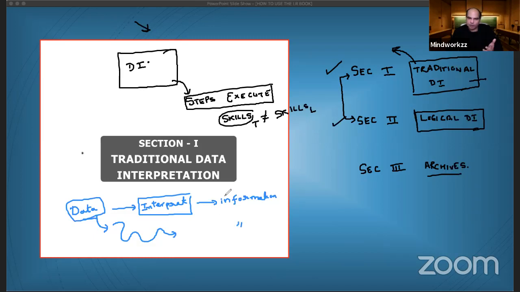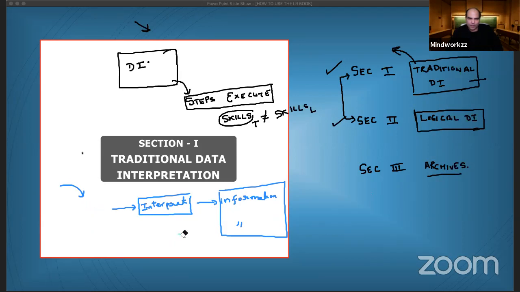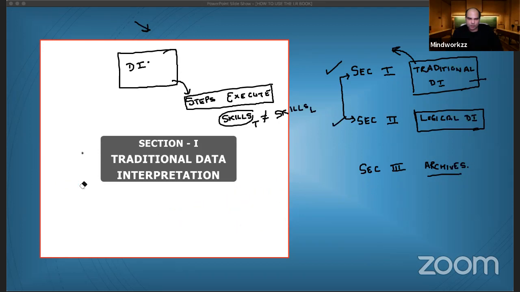Data interpretation is always about answering questions based on the data. So it's always about information seeking. Every question seeks information from the given data from you, right? So this twisting and turning requires a very different kind of thought process than the traditional DI requires.